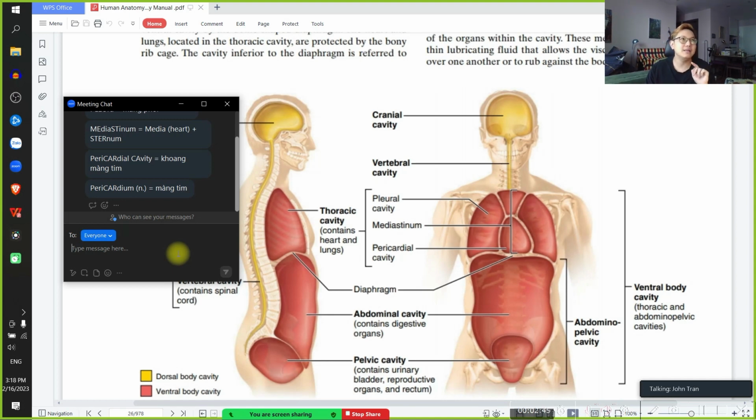Cái chữ peri, the word peri actually means the outside, the outermost layer. Cái lớp bên ngoài cùng nó gọi là cái lớp peri something. So we can have pericardium, some other things, but you will see it later. Anyway.